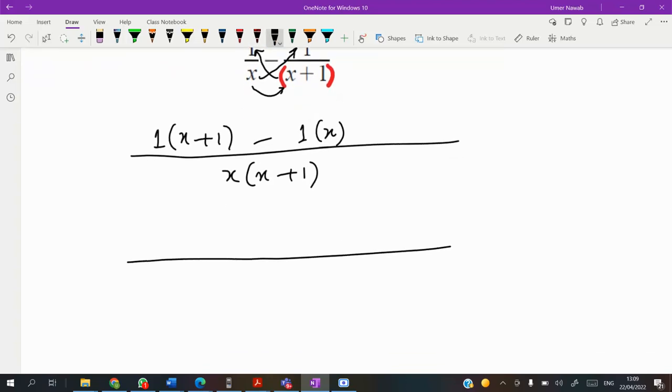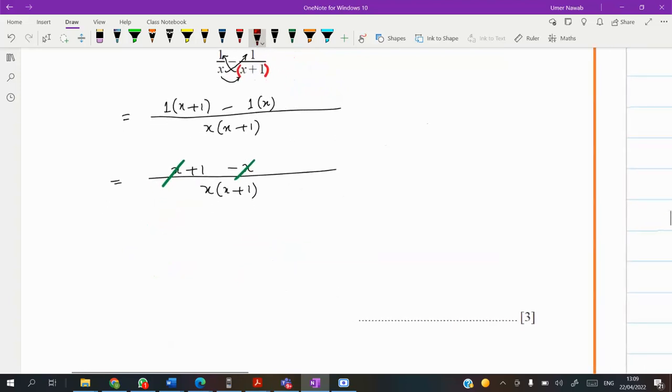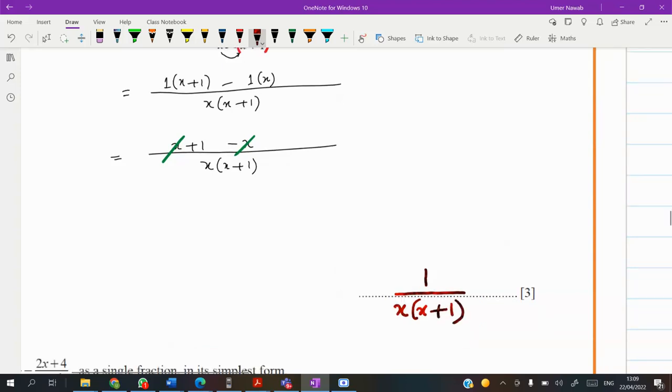Now, big line, we have x and x plus 1, x plus 1, minus x. Same numbers with opposite signs cancel. And our final answer in the answering space is 1 over x, x plus 1. No need to expand the denominator.